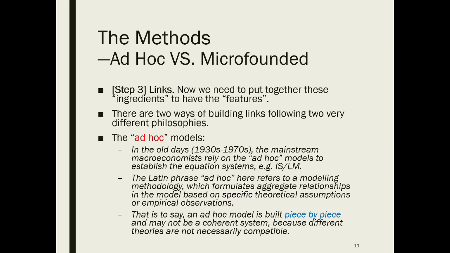And later on in the 1950s, more and more pieces are separately and independently developed and added onto the IS-LM model, such as the Phillips curve, arriving at the AS-AD model. All these pieces are not consistently derived, but separately assumed.